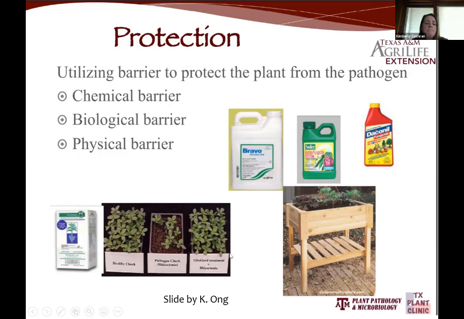Those are still considered a barrier method because of the way they're applied. And physical barriers are as simple as a raised bed or box or container gardening. So in a nutshell, you're protecting the plant from infection by the pathogen in some form or fashion.